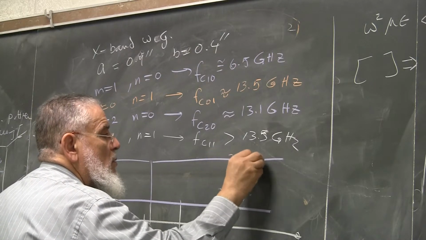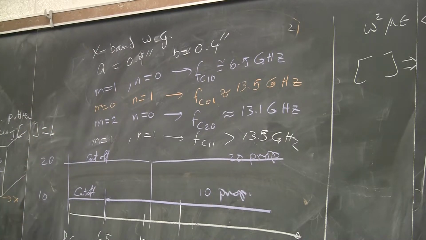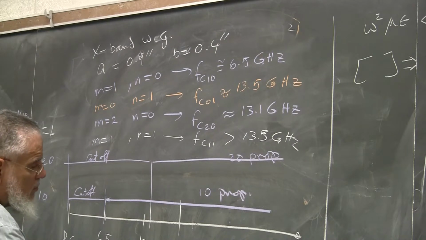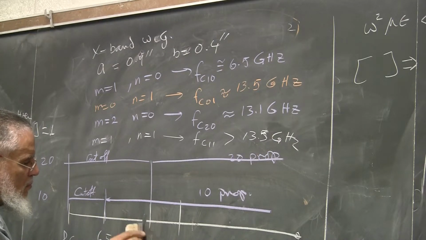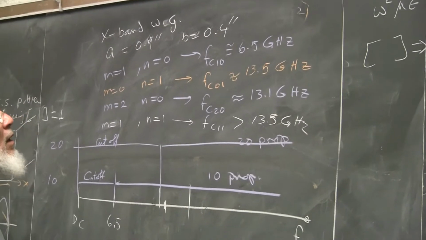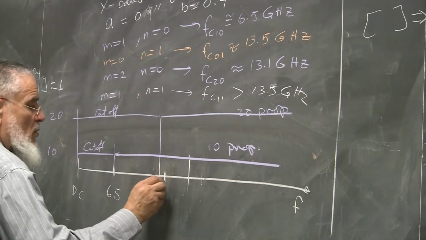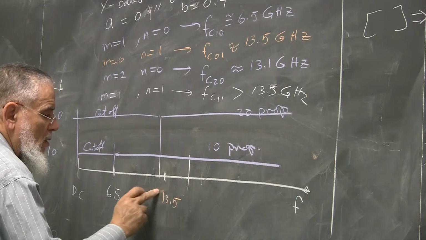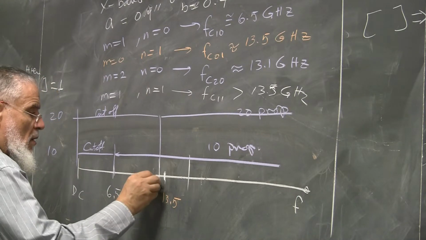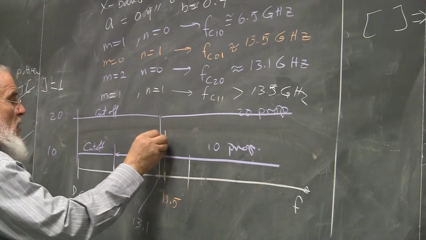2,0 propagation. 1,0 propagation. The 0,1 mode, my apologies. 13.5 is the 0,1 mode. That's 13.5 here, and that was 13.1. 13.5 is cut off here.